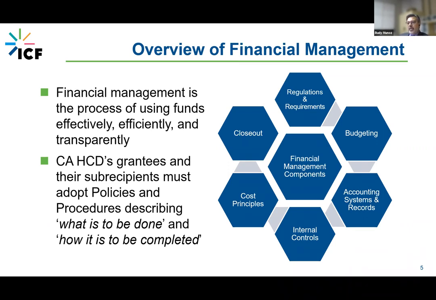At minimum, the financial management written standards should incorporate the items that are represented in the graphic. And those items include regulations and requirements, budgeting, accounting systems and records, internal controls, cost principles, and closeout.